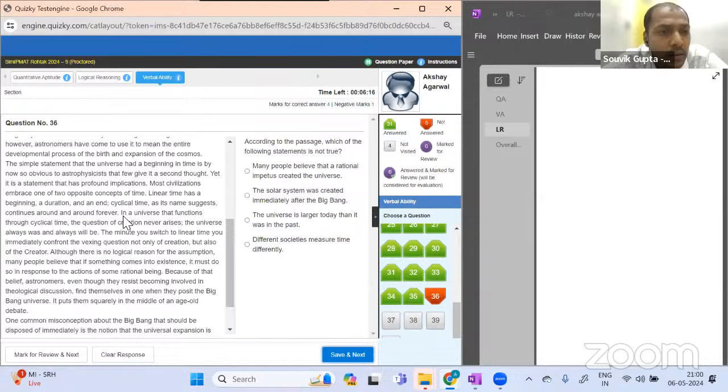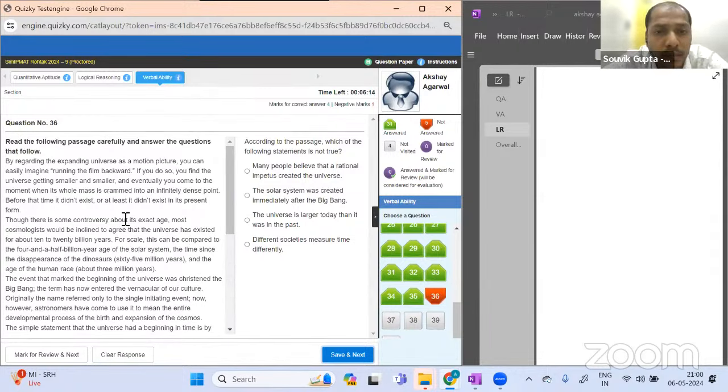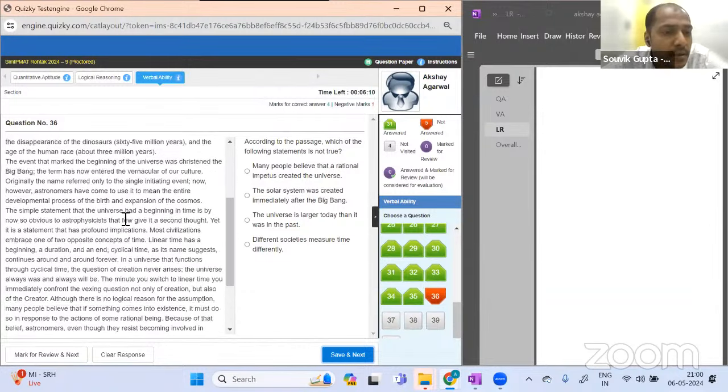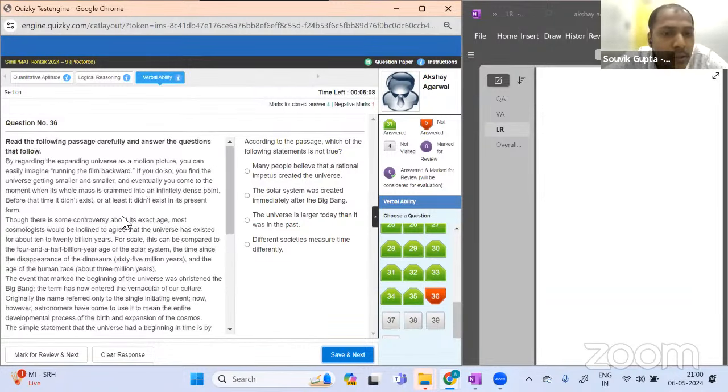She does not believe according to the classification. According to the passage, which of the following is not true?